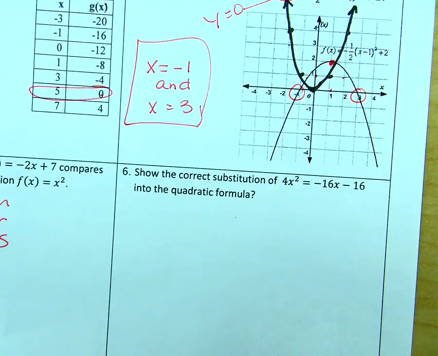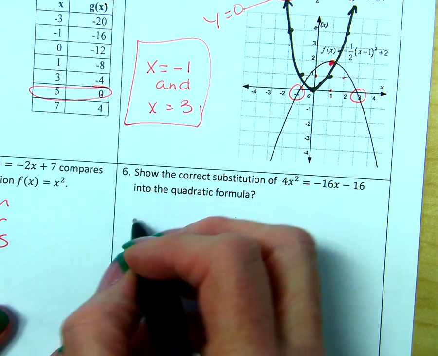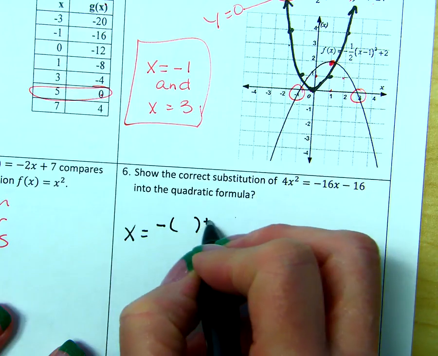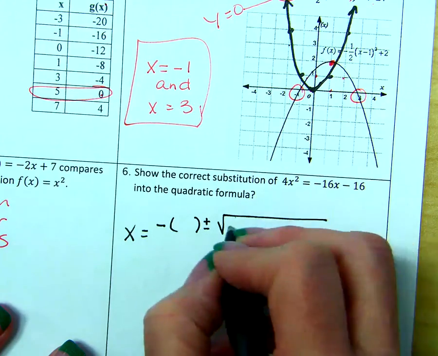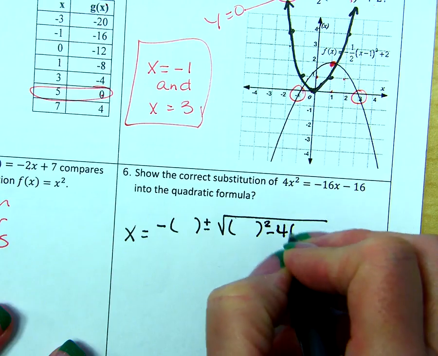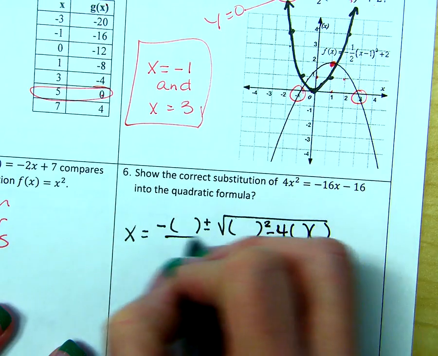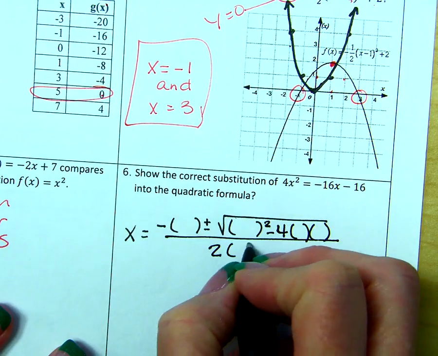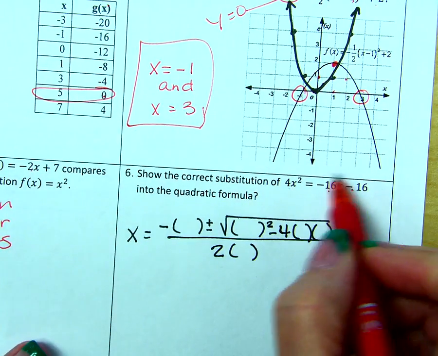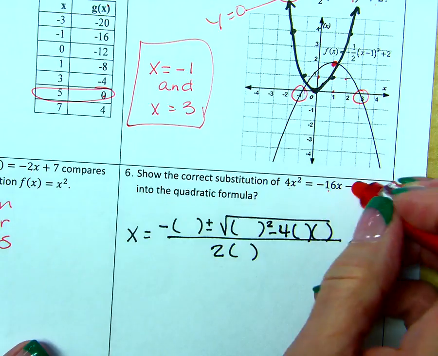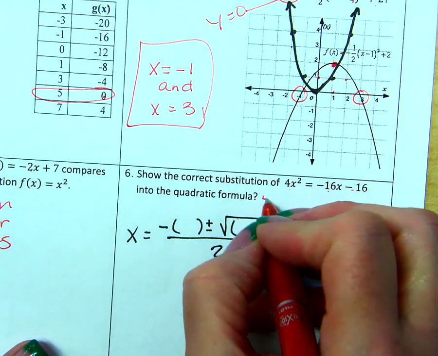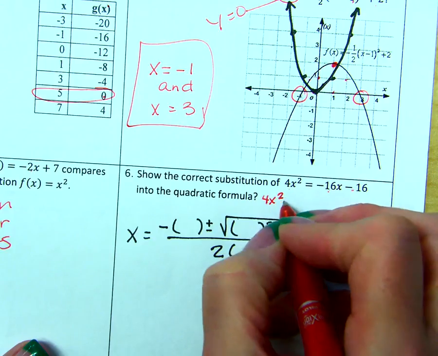Okay, so in number 6, all we wanted to do is show a correct substitution into the quadratic formula. So I'm going to go ahead and make the skeleton for this one. And I can't identify A, B, and C yet because I don't have one side equaling 0. So what we'll do is move this -16x and -16 to the other side.